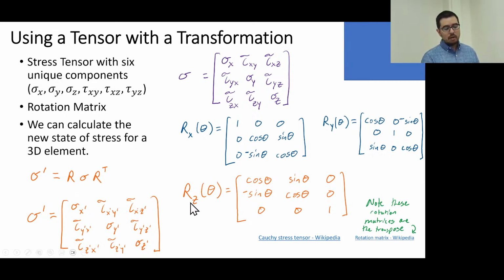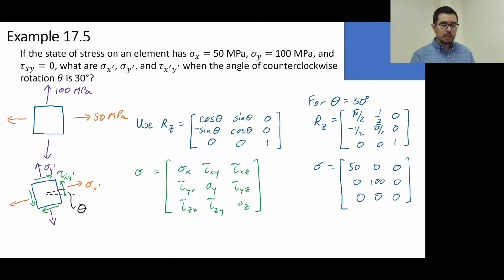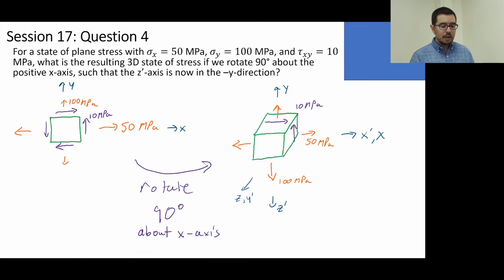You have an RZ over here, then you have the transpose of RZ over here, and then you have your original tensor right here, and the new sigma prime will give you the new state of stress. Okay, and there's a Colab that does this for you, all right, and you can get some experience running that Colab if you like.